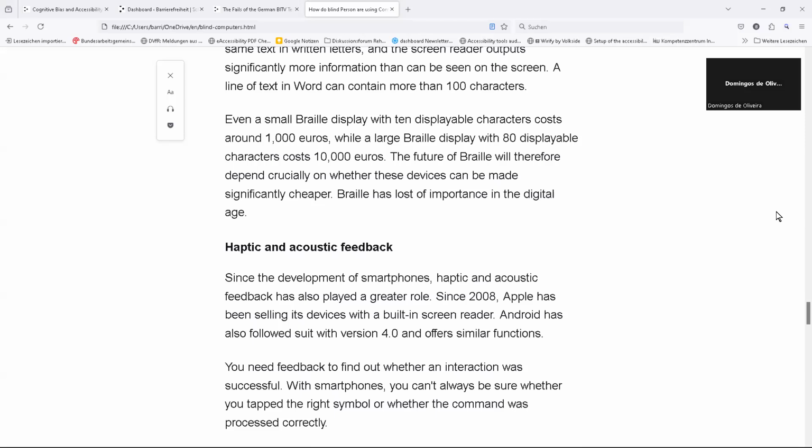That means the first touch is to recognize what is under your fingertip, and the second, the double tap, is for activating the element when the element is activatable.